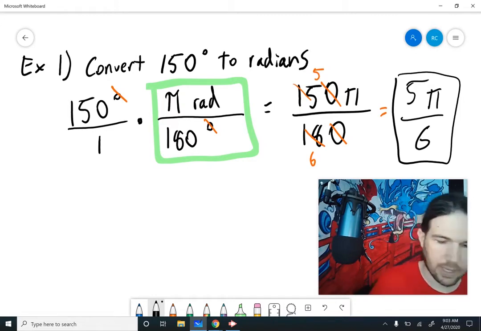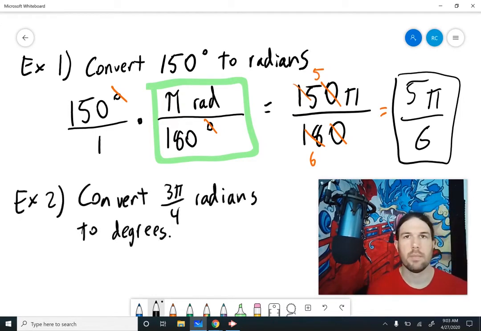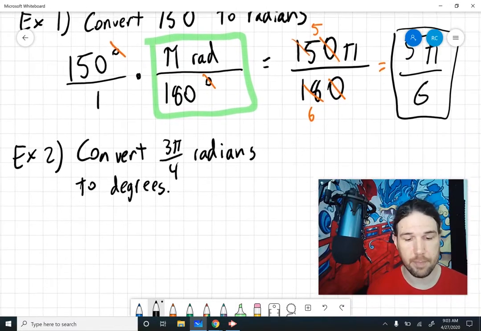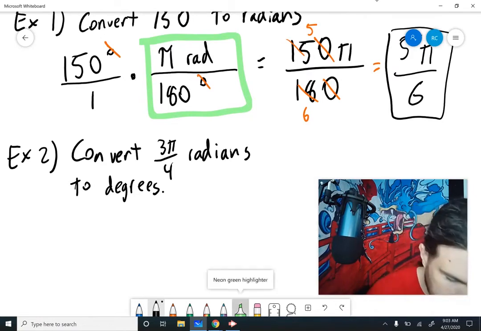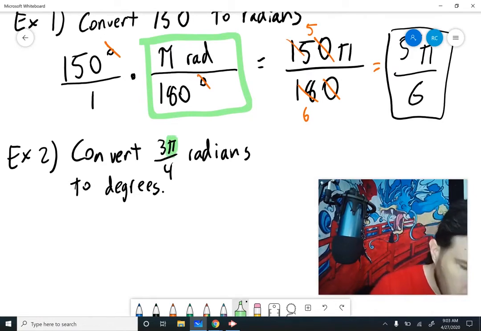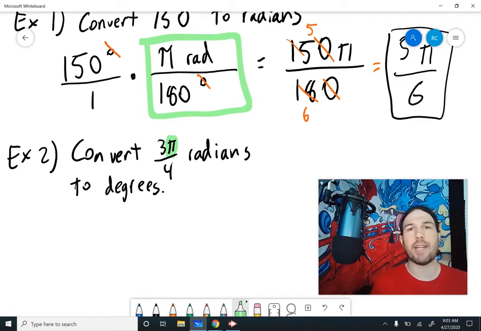All right, let's do another example. Example 2. Convert 3 pi over 4 radians to degrees. Okay, well, I can think of 2 ways of doing this. I will show you both. Since there is a pi in here, there isn't always going to be a pi in here, but because there is a pi, we know that pi radians is equal to 180 degrees.